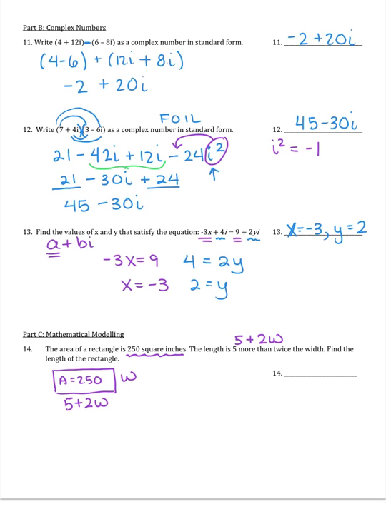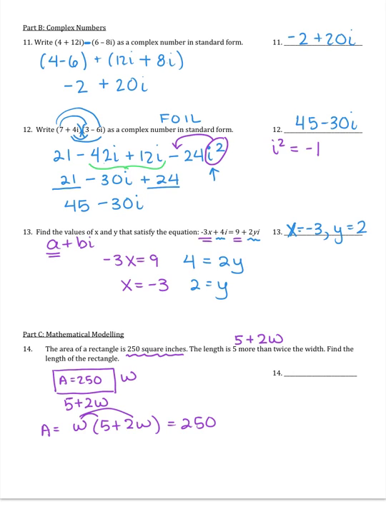Okay, so we're going to go through. Oh my goodness, I was just looking at my answer online and it's wrong. So we're going to correct that. All right, so we're going to go through and multiply this. We know that area equals w times 5 plus 2w, and that's going to equal 250.